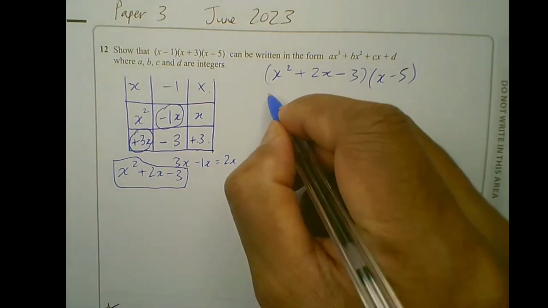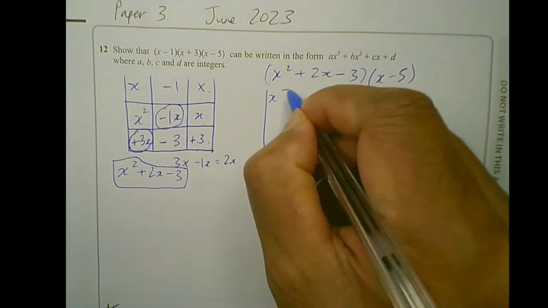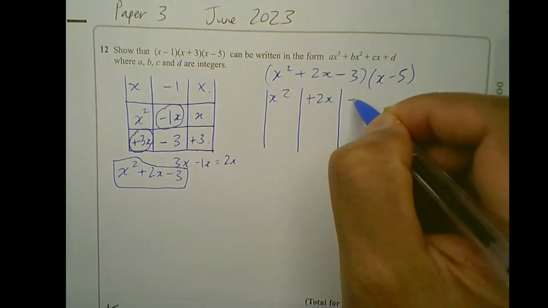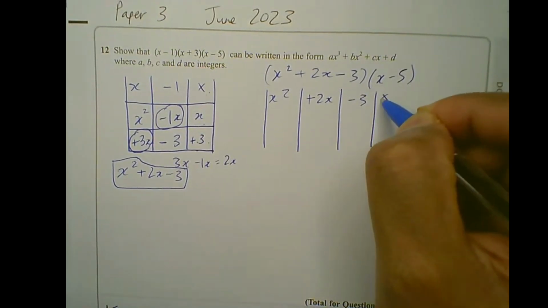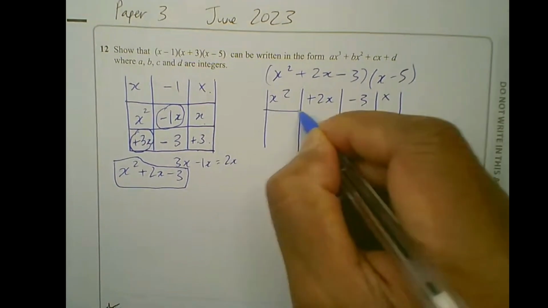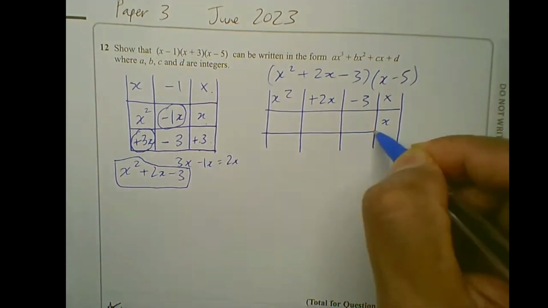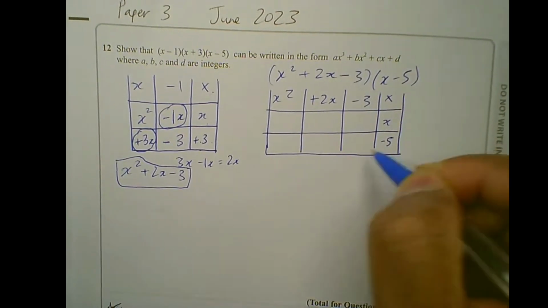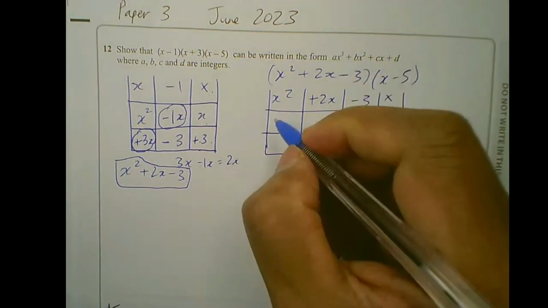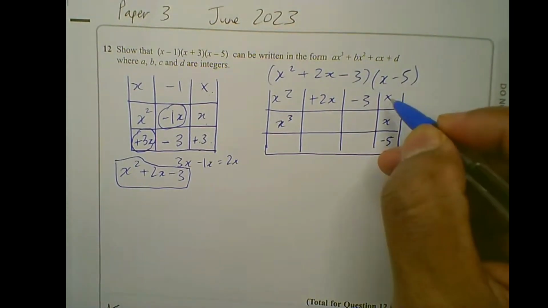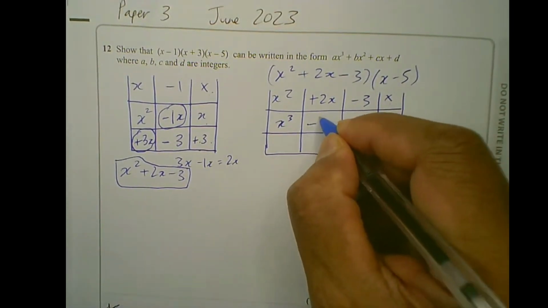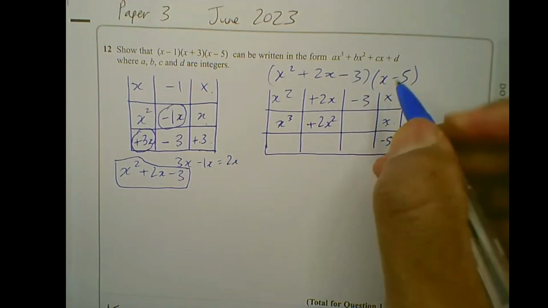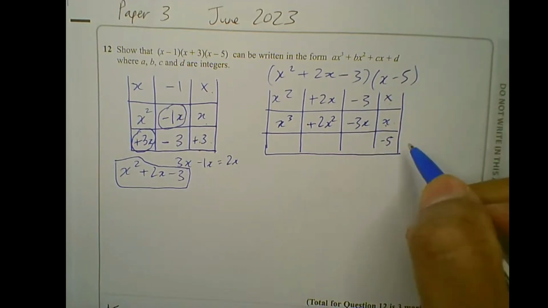And so now I'm going to write this out. x squared plus 2x minus 3 times x minus 5. x times x squared is x cubed. x times 2 is 2x squared, and it's positive. x times minus 3 is minus 3x.